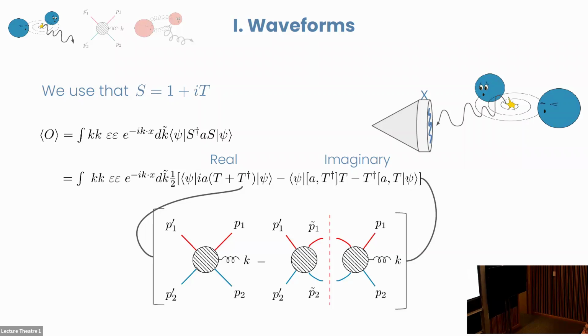But we decided to rearrange this expression into what we're defining as a real part and an imaginary part. I've kept the amplitude and the cut here because we find that the main contributions that we care about to the real part are essentially one particle cuts of the one loop amplitude. And the parts that we care about in the imaginary part are going to be two particle cuts.